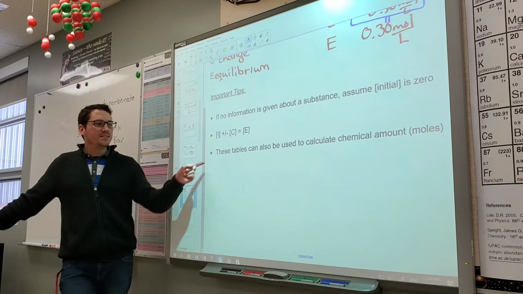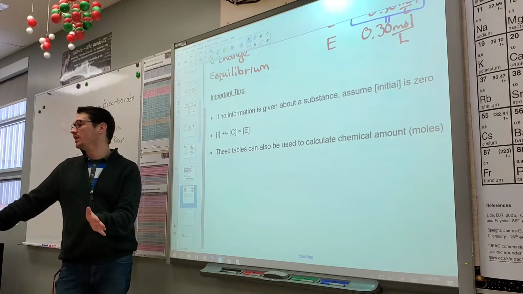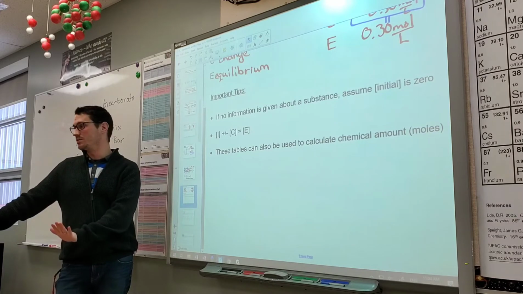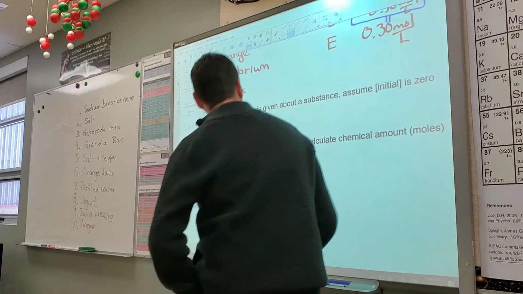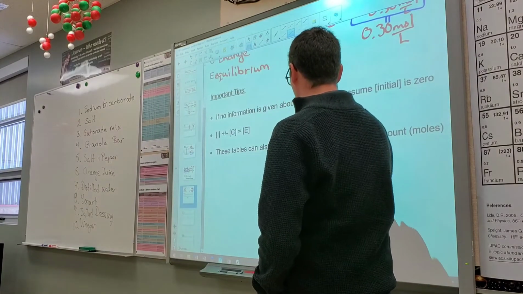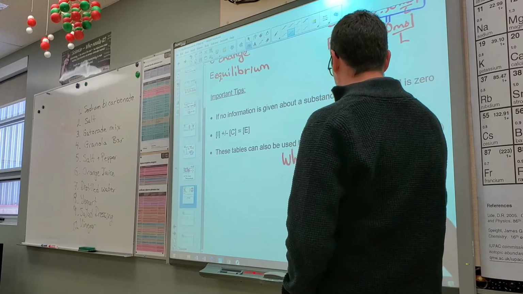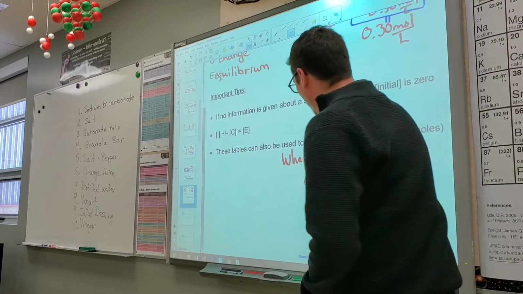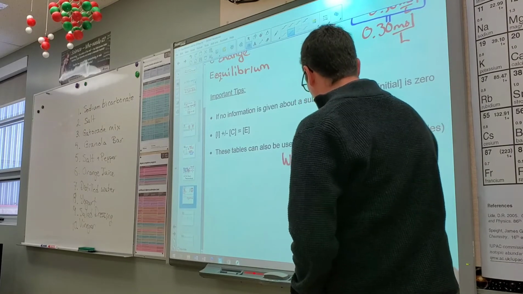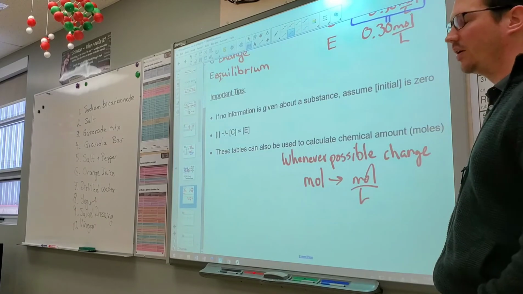These tables can also be used to calculate chemical amounts. They're not just for moles per liter, they can also be just for moles. But whenever possible, I would like you to write this down: whenever possible, change moles into moles per liter by dividing by the volume.